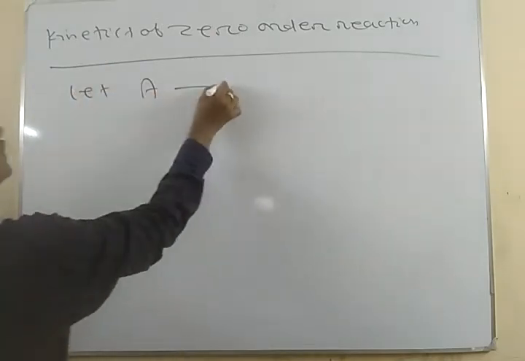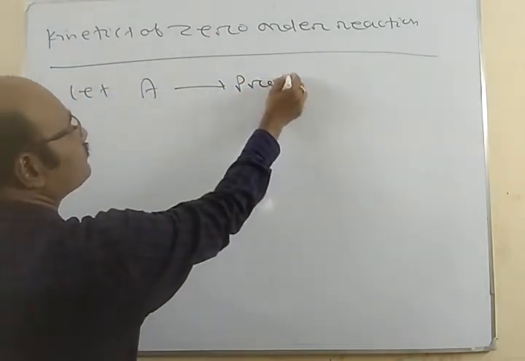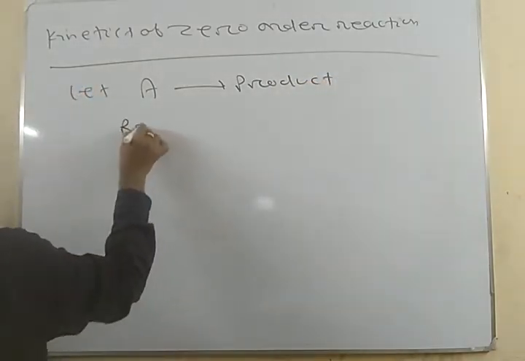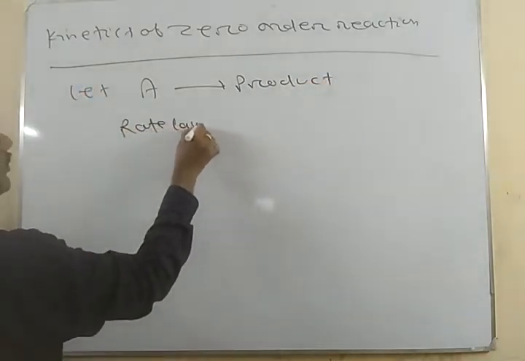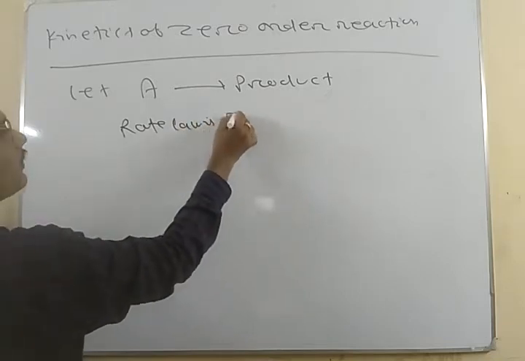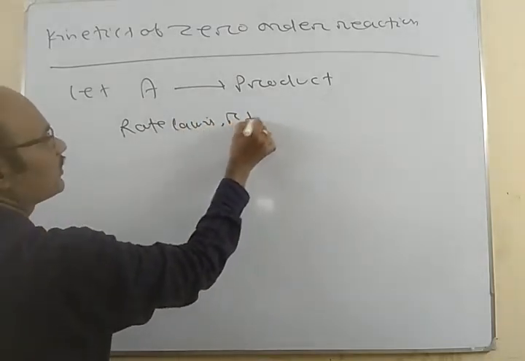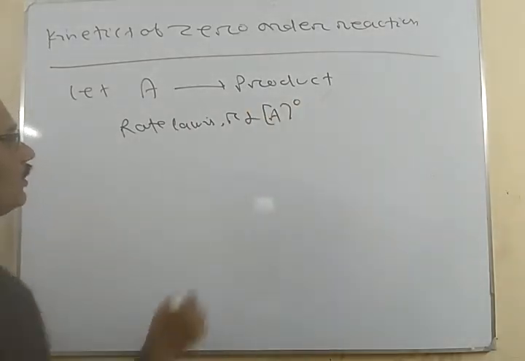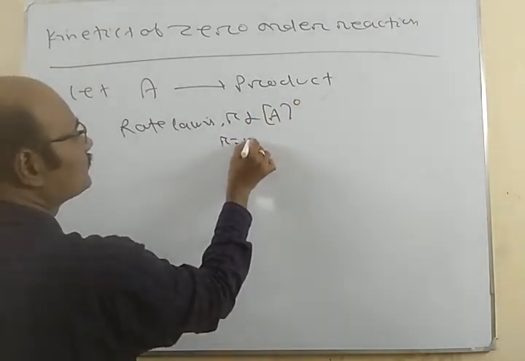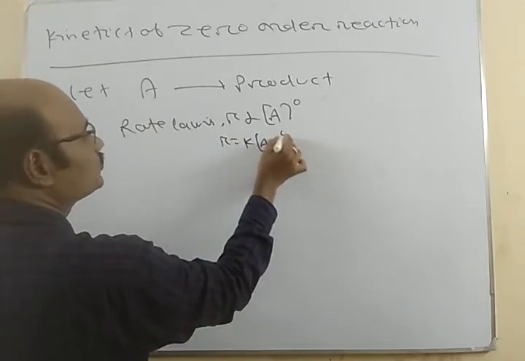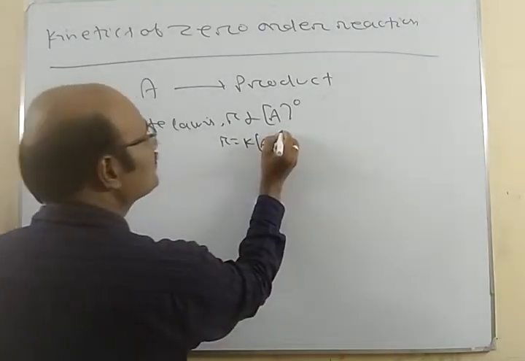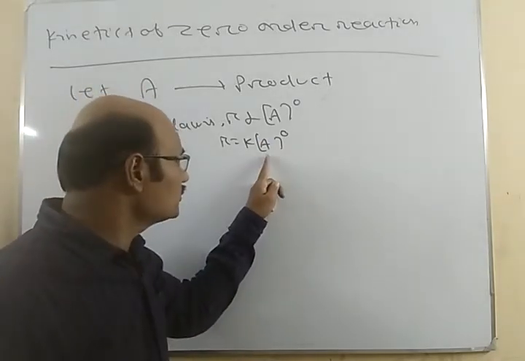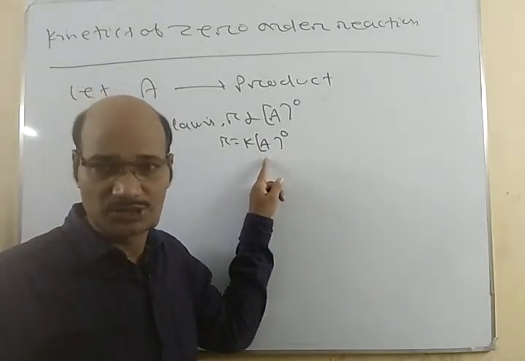Let A give a product, and the rate law is: rate proportional to A power 0, or rate equal to k A power 0. That means the rate of the reaction does not depend upon the concentration of the reactant. This is a zero order reaction.